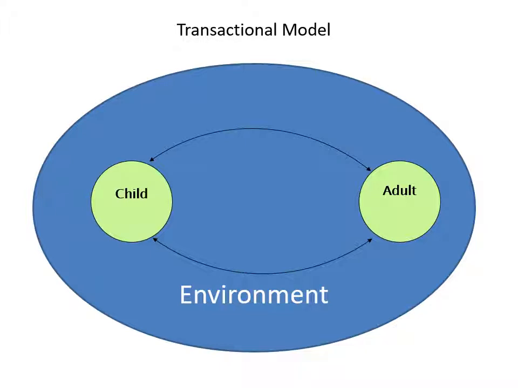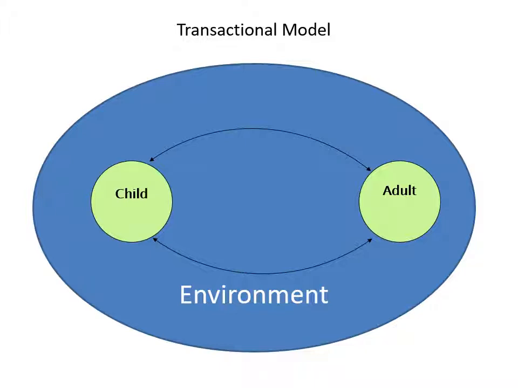Similarly, if we teach the adult in the environment to do something different, maybe to coach the child or to make the activity more accessible to the child, the child then responds in a different way because now the task or the activity is achievable, and then the child influences the adult.